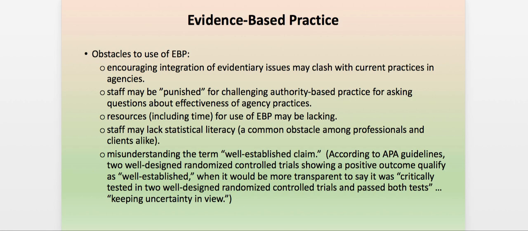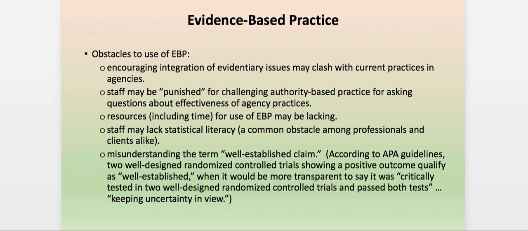But even the American Psychological Association says that two well-designed, randomized, controlled trials showing a positive outcome qualify as well-established, when it would be, she thinks, more transparent to say it was critically tested in two well-designed randomized controlled trials and passed both tests. In other words, we don't have to call them well established. We should just say there were two studies and they passed both of these tests.